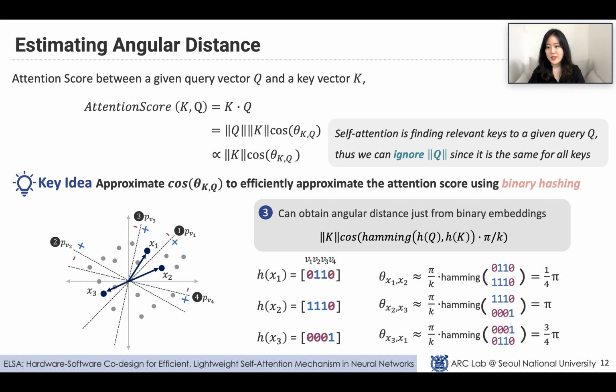The principle of this method is that each hash vector divides a two-dimensional space, and there is a high probability of two vectors having smaller angular distance when they belong to the same splits in many cases. There exist several literatures that prove that this method provides an unbiased estimate of angular distance.